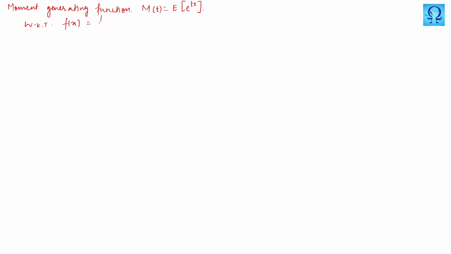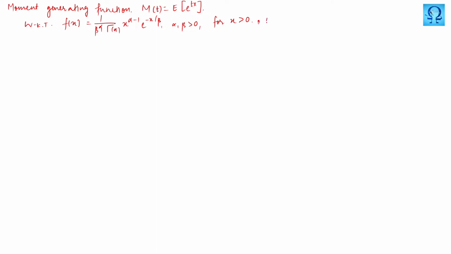Our f of x is 1 upon beta to the power alpha, gamma of alpha, times x to the power alpha minus 1 and e to the power minus x upon beta, where alpha and beta are positive, and this is defined for x positive. For other x's it is 0, that is obvious.